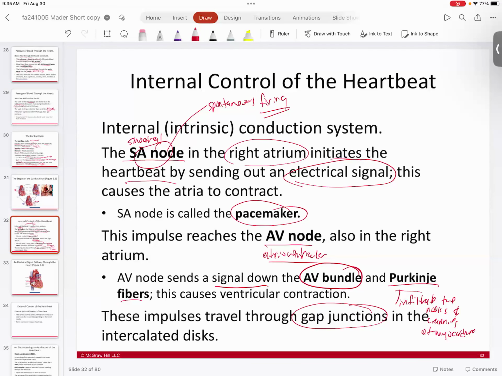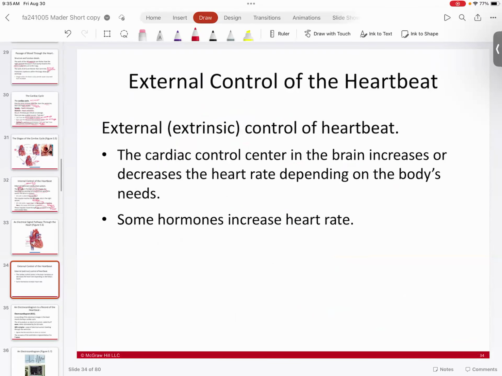Now, what we have in terms of external control is control over this already automatically firing SA node. And so in your brain, you have cardiac control centers. These are regions of your brain that allow you to control not whether you have a heartbeat, but it increases the rate, right?